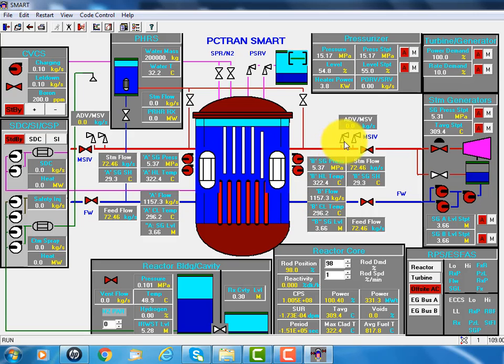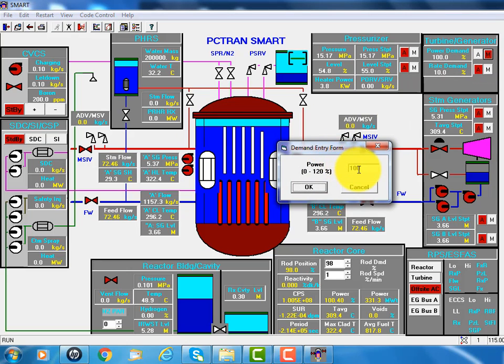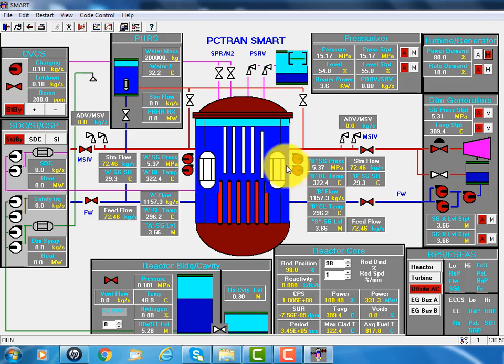During normal operation, if we desire to have a slight power reduction to 80%, you can either manually operate it by inserting the rods and adjust all the other pressurizer and feed water controls manually. But we do it in an integrated way. So we reduce the power of the turbine.